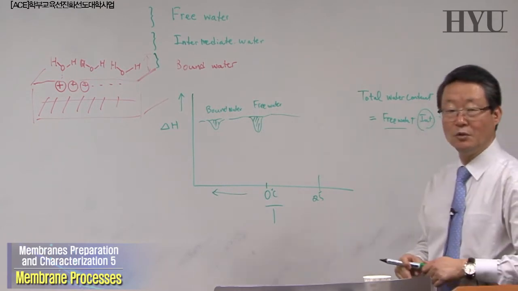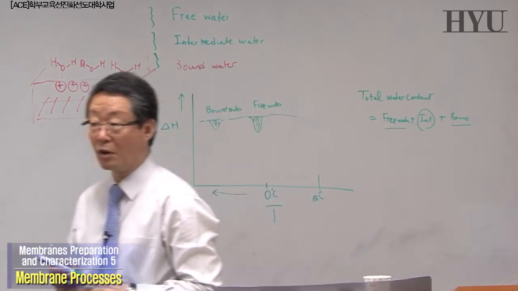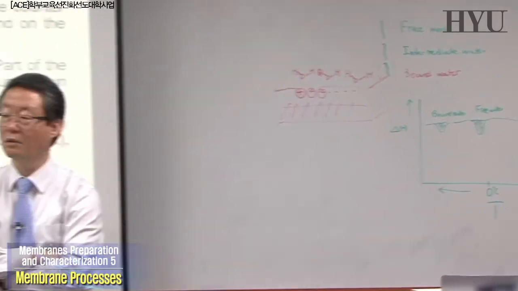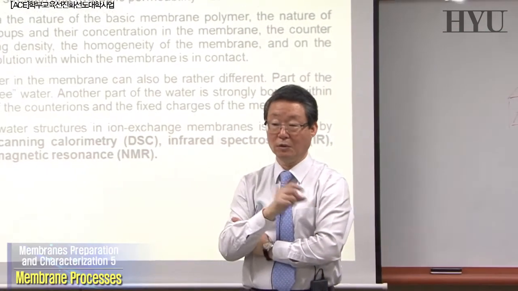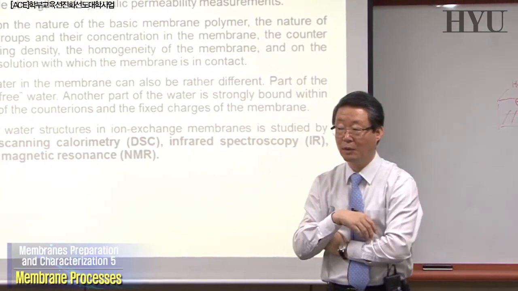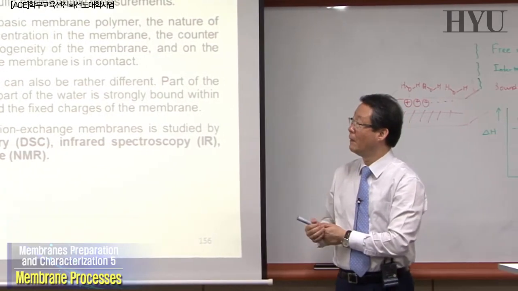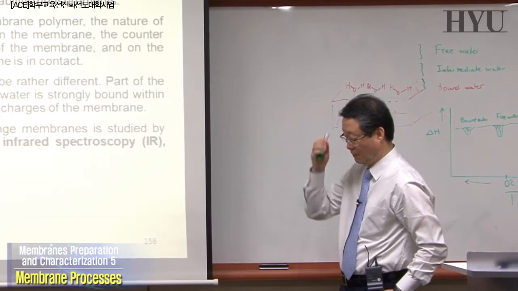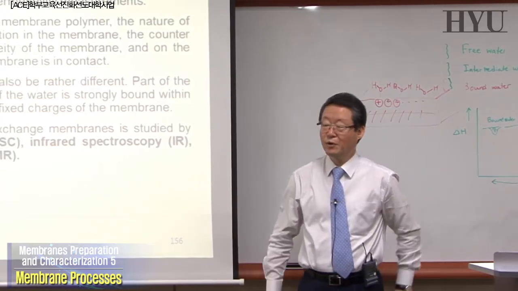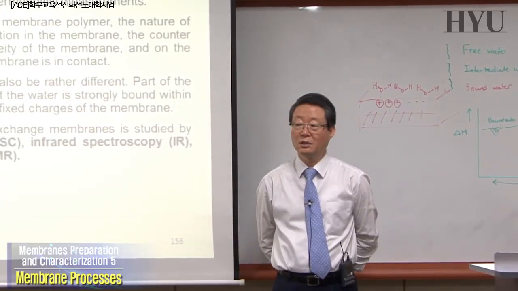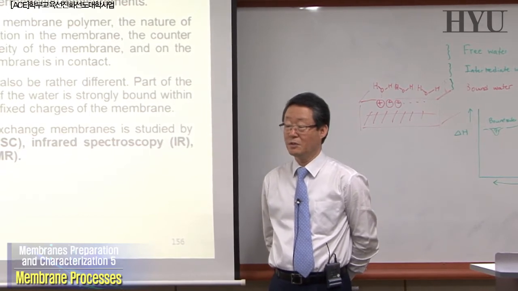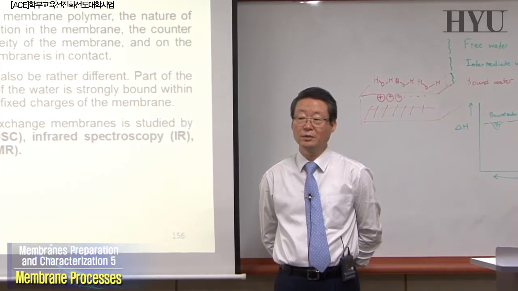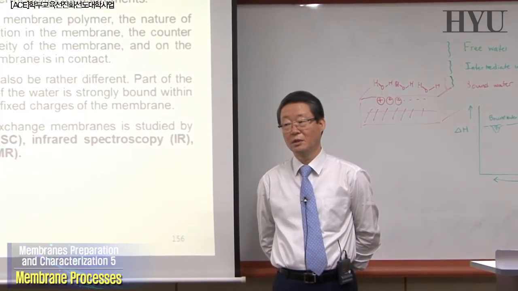So this way, you can break down your water at a given state, particularly in highly swollen materials, membranes, hydrogels and ion exchange membranes. These free water contents and bound water contents are very important in many cases, just like ion exchange membranes, fuel cell membranes or charged membranes.